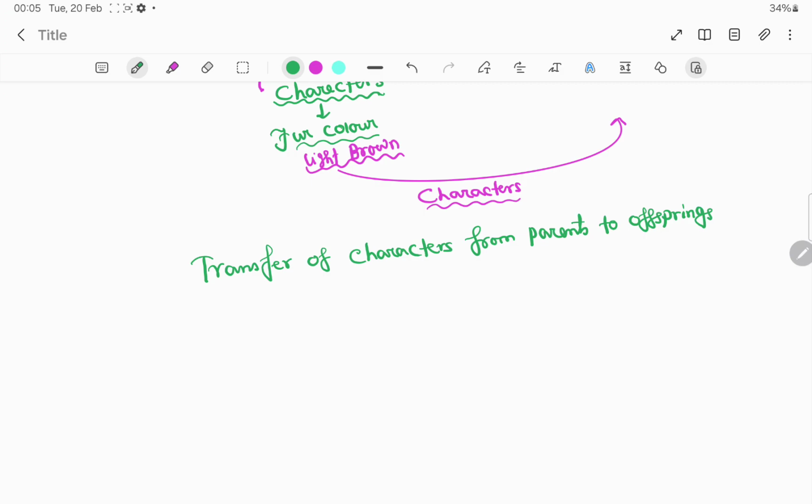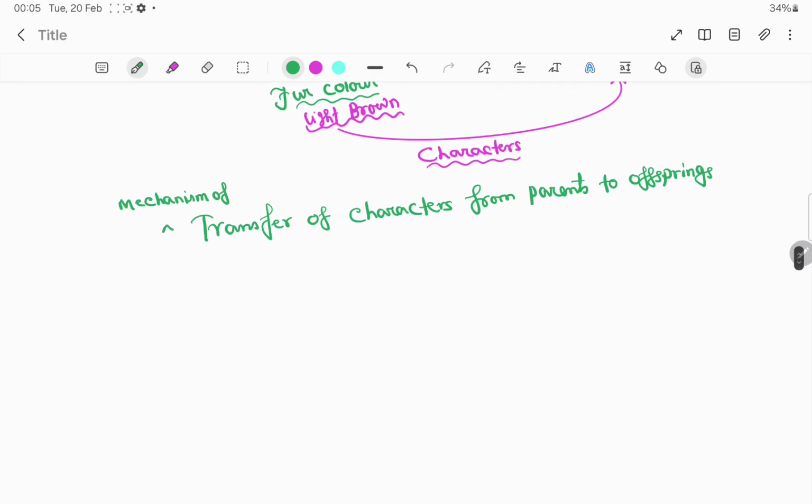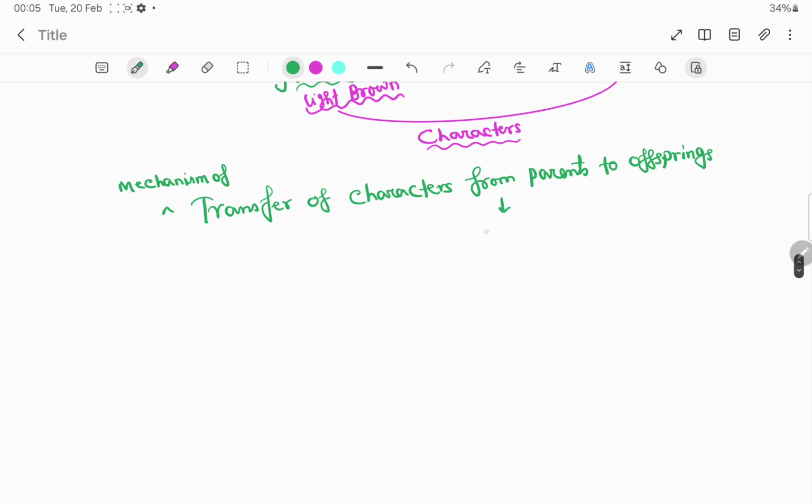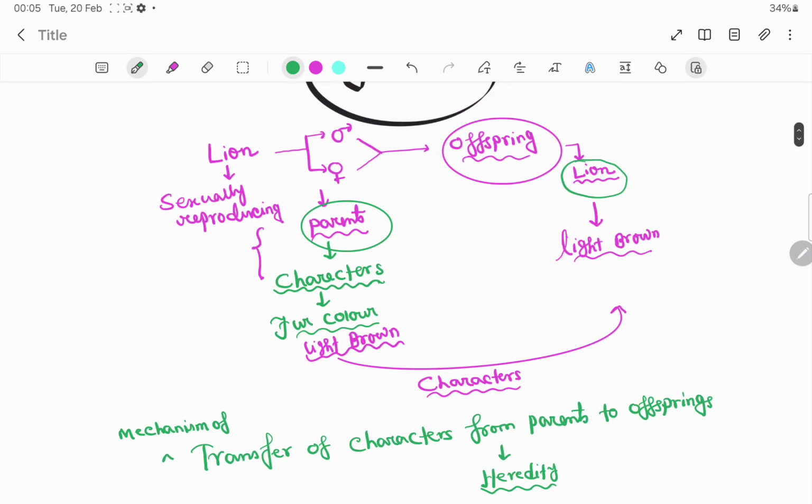Here you can also add one thing: the mechanism of transfer of characters from parents to offspring is called heredity. Clear? So one more time I'm saying that the parents are involved in reproduction, and as a result offspring is formed.